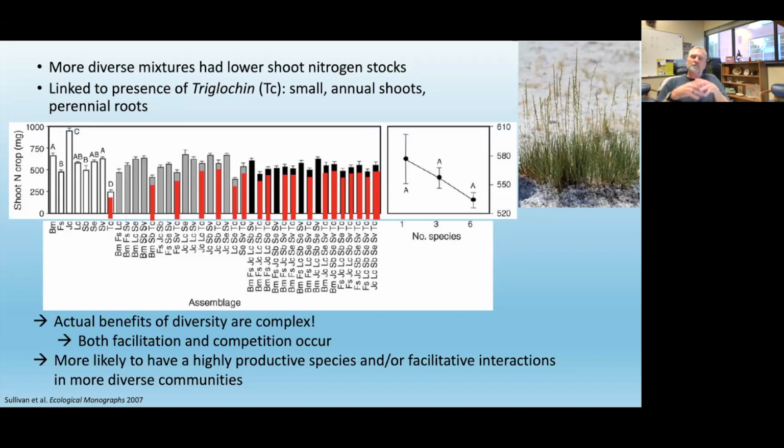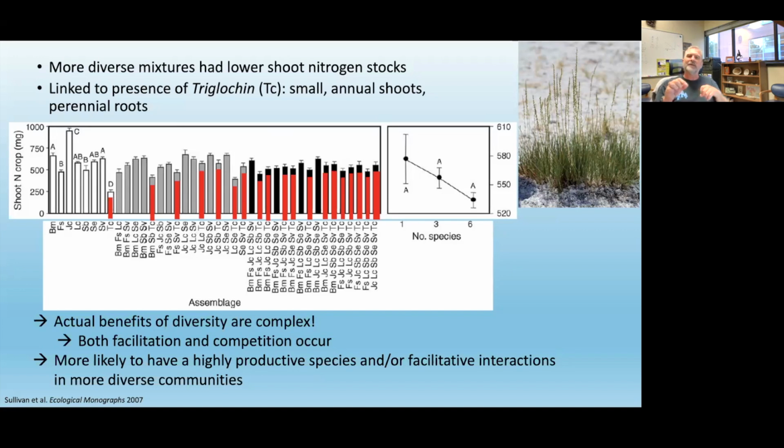So more diverse mixtures had lower shoot nitrogen shocks, meaning there were less significant fluctuations in the amount of nitrogen that was present in the soil. And this is linked directly in this study to the presence of this grass. The common name is arrowgrass.